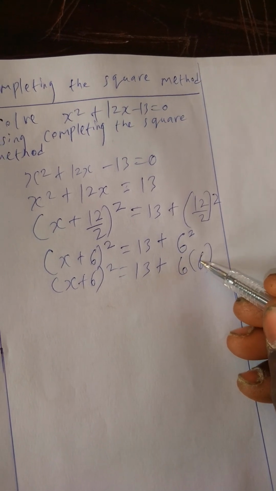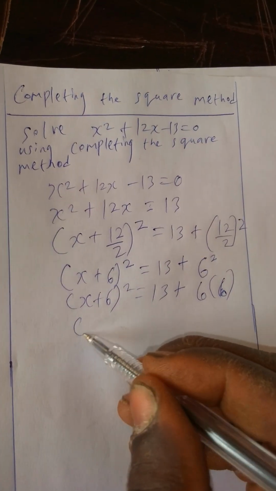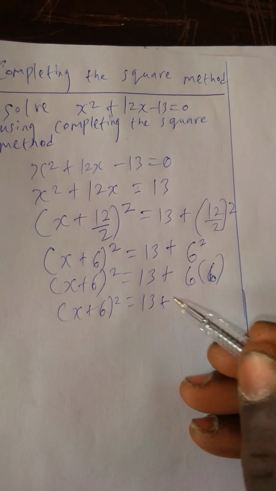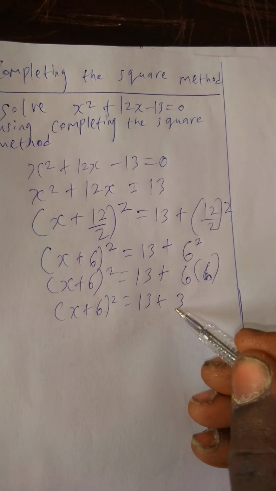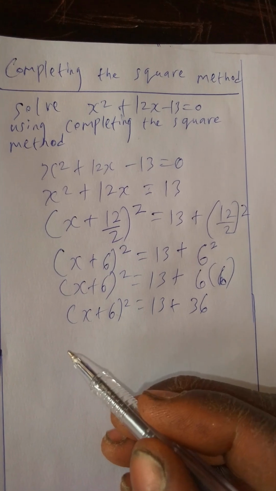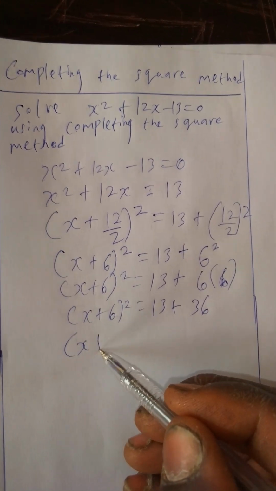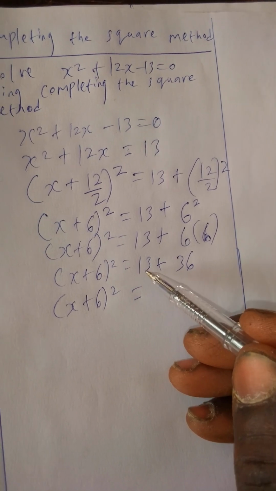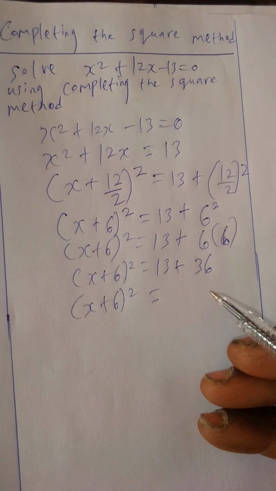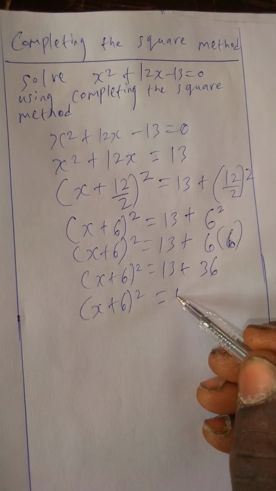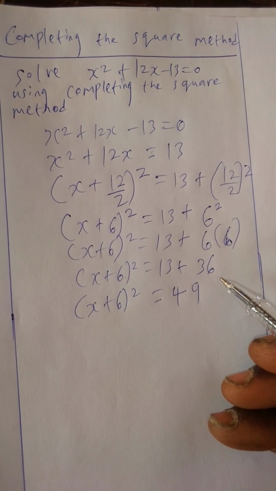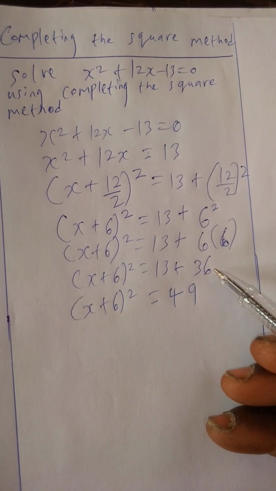So we have x plus 6 squared equals to 13 plus 6 times 6, which is 36. Are you following? So we have x plus 6 squared equals to 13 plus 36, which is 49.